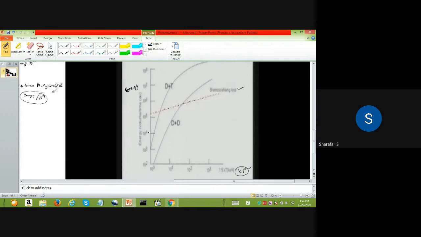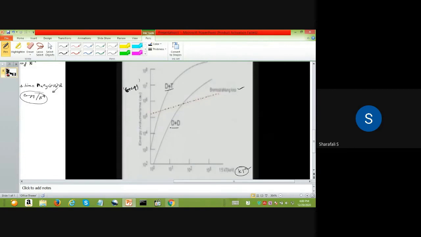This is the Bremsstrahlung radiation energy, and if you consider the DT reaction, D plus T, deuteron and triton, fusion will give you energy like this. This is the energy axis, with this much temperature, kinetic energy. If you consider the DD reaction, deuteron-deuteron nuclear fusion, it is given by this particular curve.